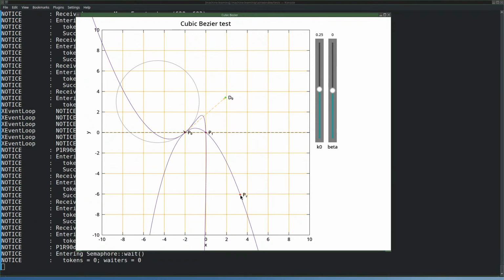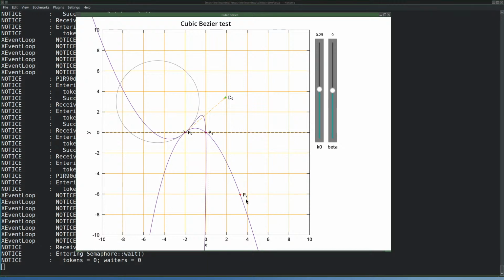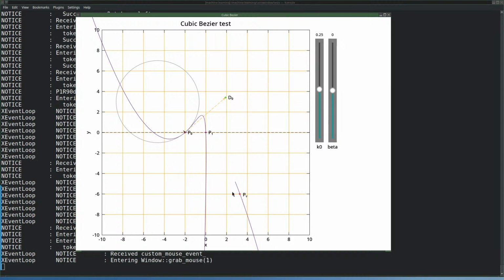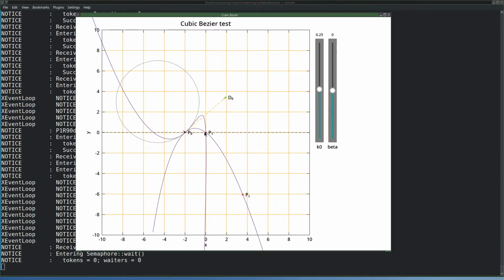But this code, as you can see, just draws it. So wherever I put this point, I just know the derivative in this point. I just know it. So that's much better. Therefore, I want to use this. I want to have the derivative in P1 as a function of P0, P gamma, well, P1 of course, and the direction in P0.